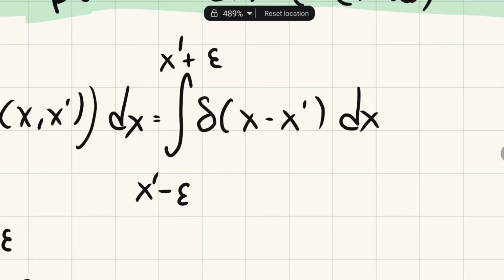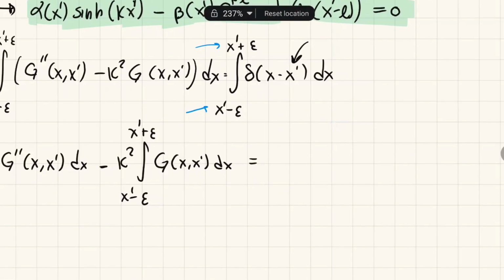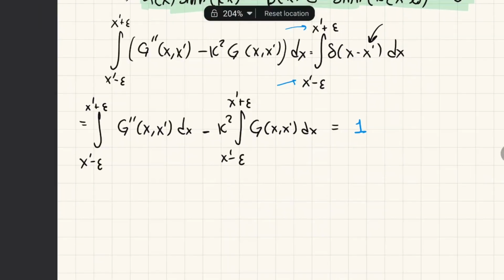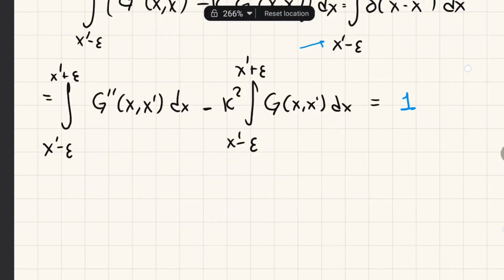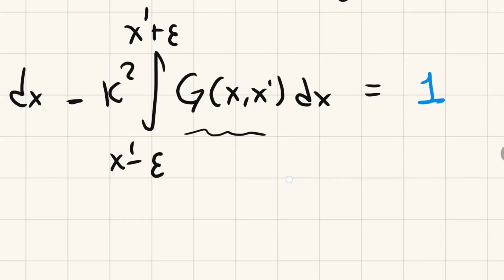But looking at this, of course, x prime is inside the interval of integration. Well, we know that the integral of the Dirac delta in this case should be equal to 1, right? Okay, perfect. And we know that the Green function is a well-behaved, continuous function at x prime. We can see that when epsilon goes to 0, this is just going to be an integral that goes from x prime to x prime of, again, a continuous function at x prime.